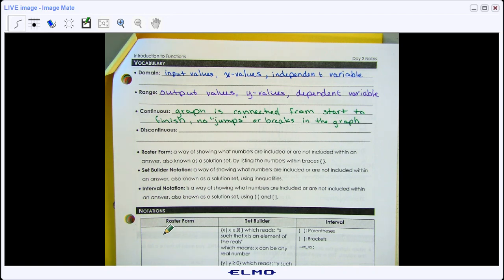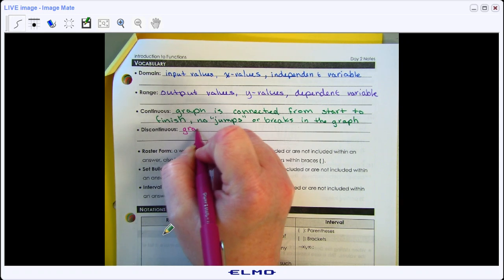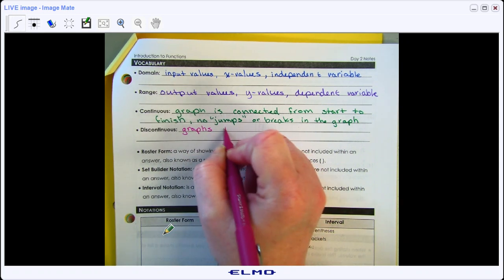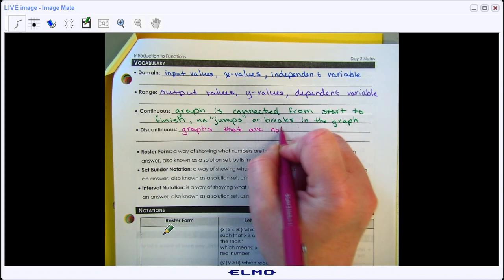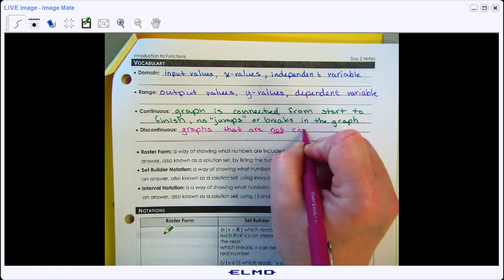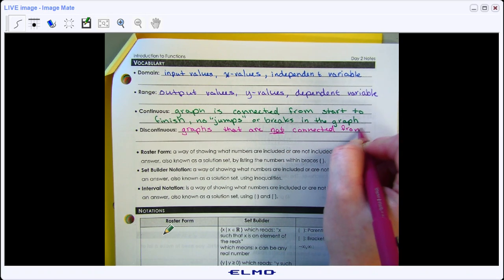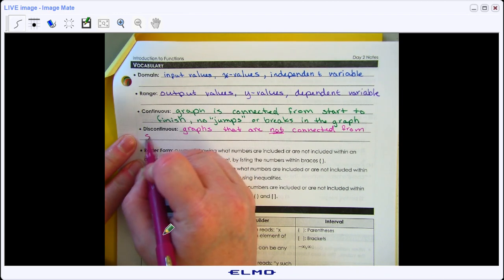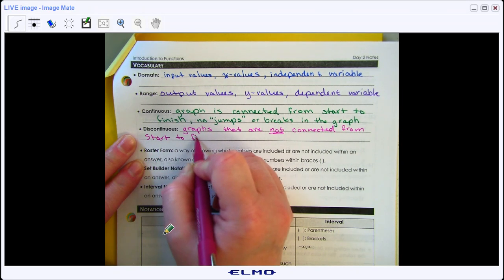So our discontinuous graphs are graphs that are not connected from start to finish.